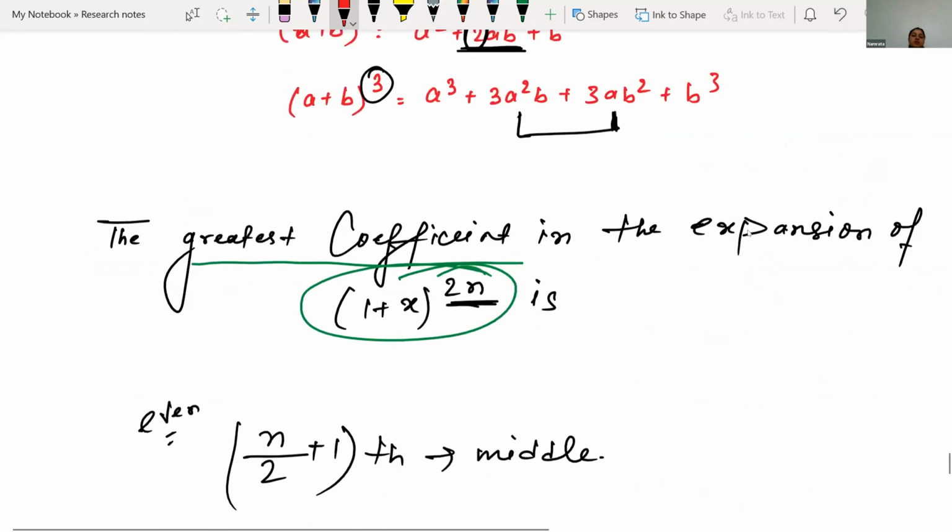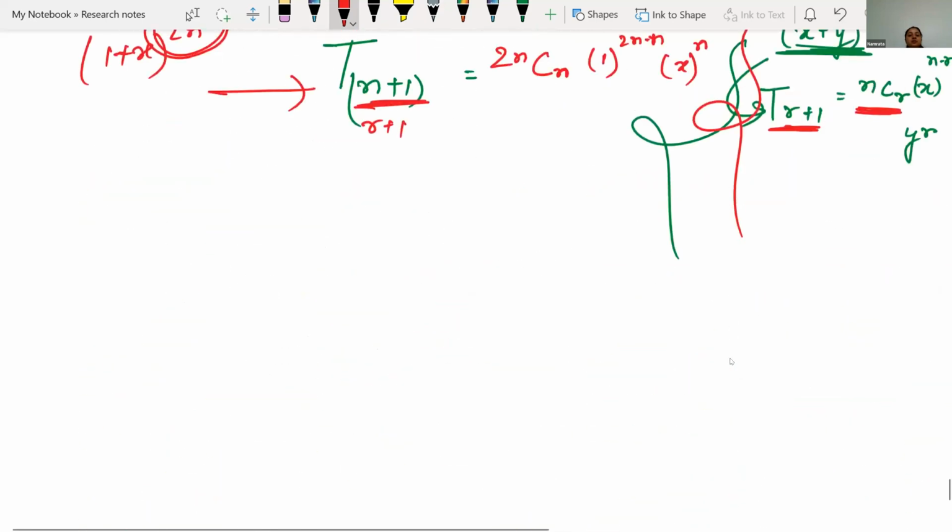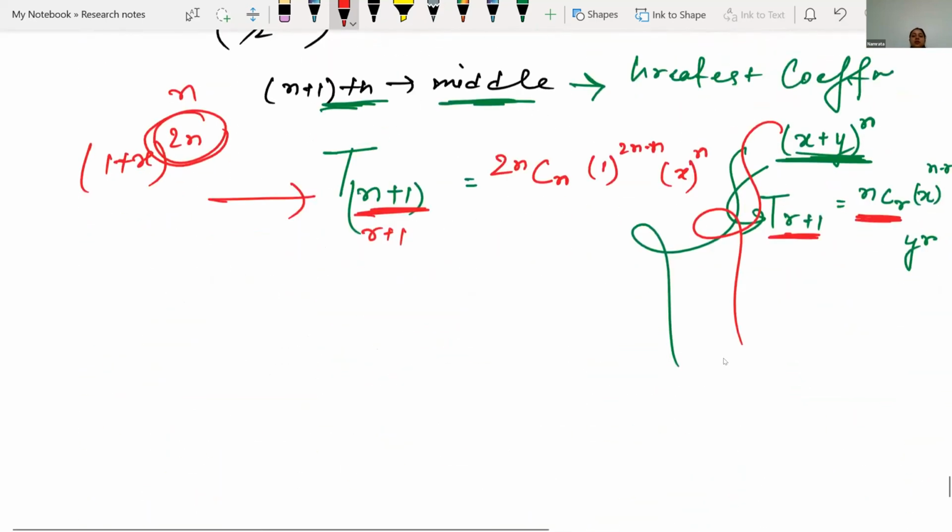Yes, ma'am. So here we wanted to find the greatest coefficient only. Coefficient means whatever is there in front of x, everything is coefficient. When it is asking about the binomial coefficient, we will be taking only nCr. When it is asking the coefficient, leaving x and y, whatever is there, everything is coefficient. When it is asking about the term, the total is the term.